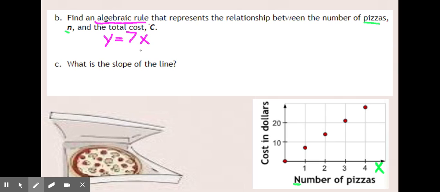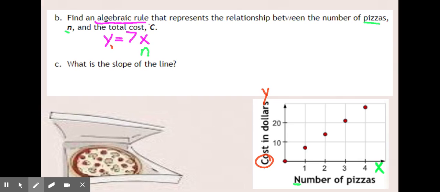So my x in this question, they want to make an n, a number of pizzas. And then my y, they tell me that I have to use c for the cost instead of y. So my y-axis is the cost.